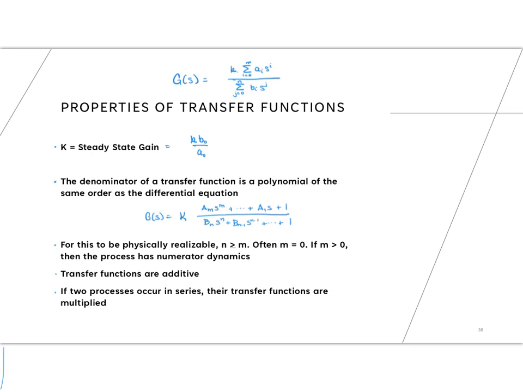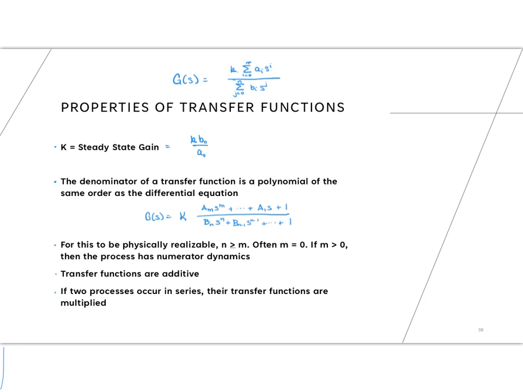When I do that, the leftover multiplier in the numerator is what we identify as the steady state gain, and we're going to name it capital K. That's our symbol for steady state gain, no matter what the rest of those polynomials look like. So we have a transfer function in this form, where I have that gain times a polynomial to the power m ending in 1, divided by a polynomial to the power n ending in 1.